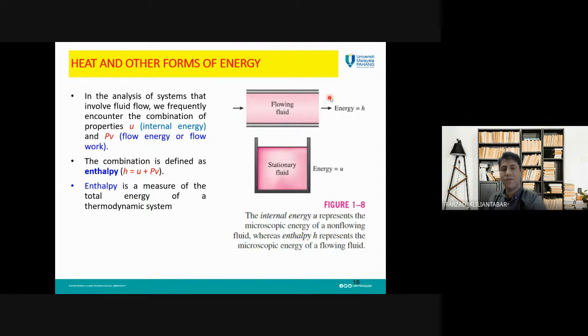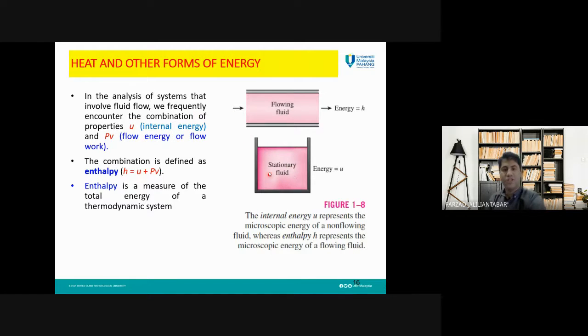Imagine this is our system. Then energy comes to the system. The fluid comes to the system, and this fluid brings energy with itself. It is supposed you already know about that. So simply we have closed systems and open systems. And to analyze the system, we need to know the energy of the system.